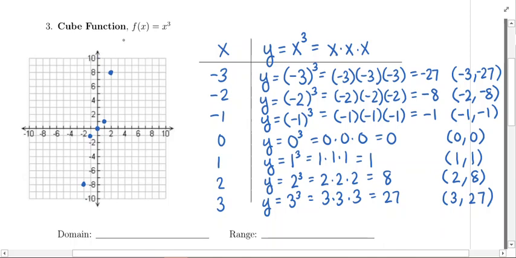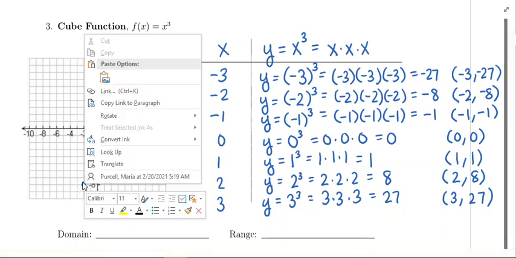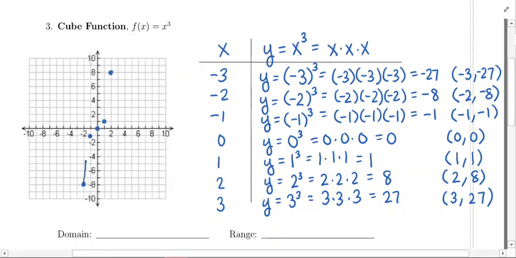So 3, 27 is going to be way up here off the grid, so we're not going to bother plotting it. Now we just need to connect the dots. What x cubed is going to look like is an S shape. It is a long S. If I connect the dots here, it's going to look like this.